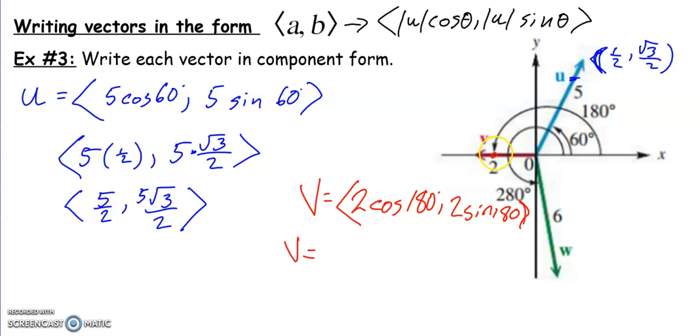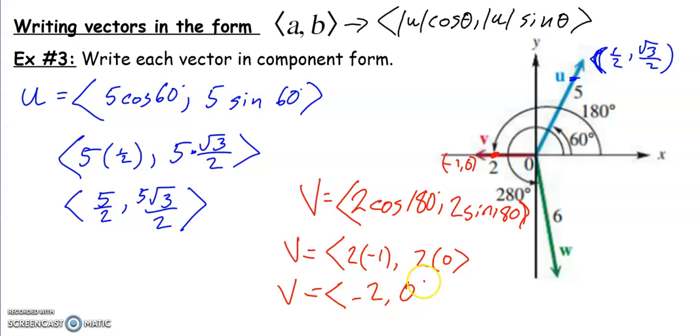Well, over here, we are at the point -1, 0. So 2 cosine of 180 is -2. And then 2 sine of 180 is 0. So vector V is going to be at -2, 0.